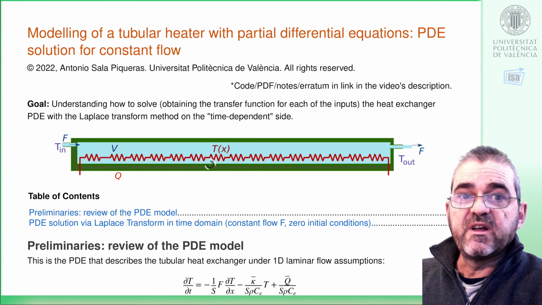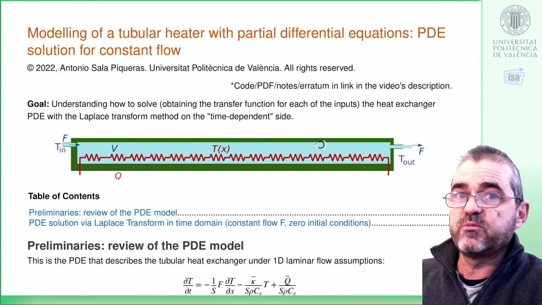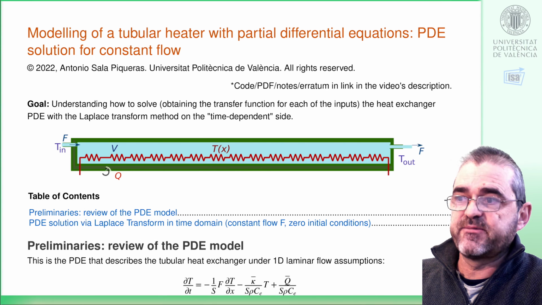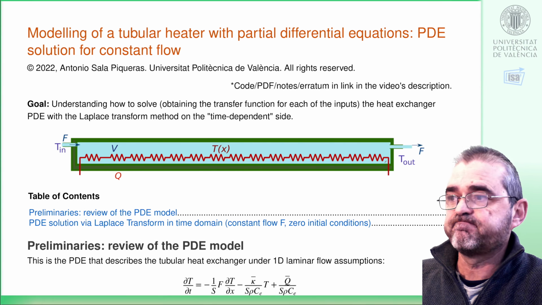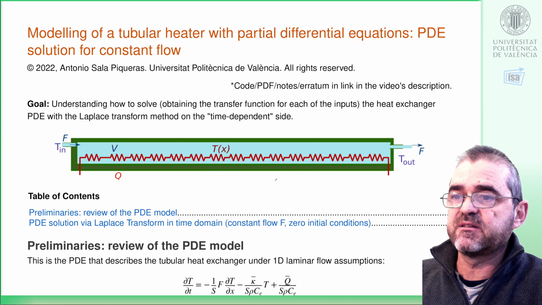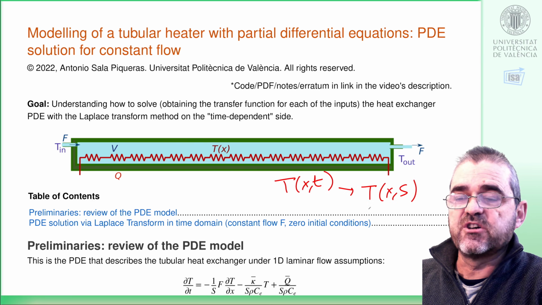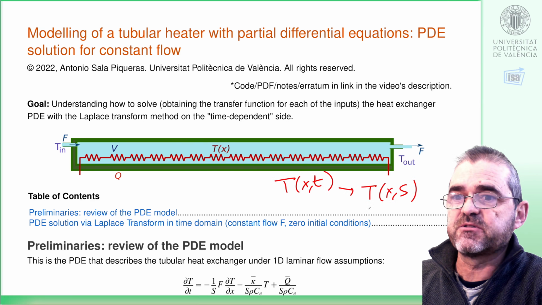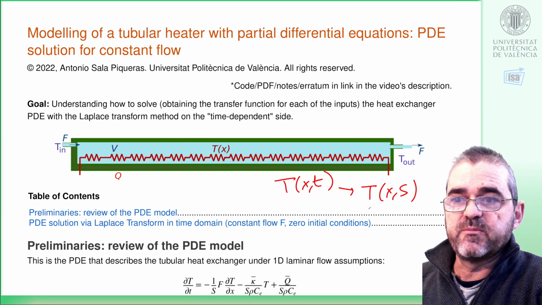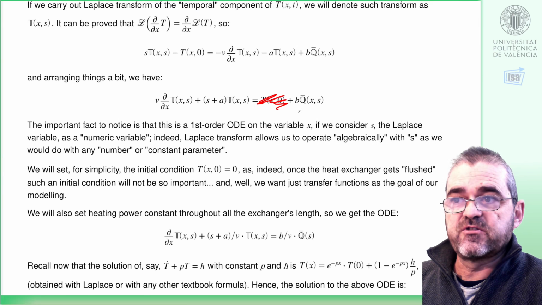In this video, we have reviewed the partial differential equation that governs this tubular heat exchanger, a pipe with a resistor along it, and we solved it via the Laplace transform on the time domain component of the solution, as our goal was just obtaining transfer function representations. Because we control people are used to them, we have set some initial conditions to 0.